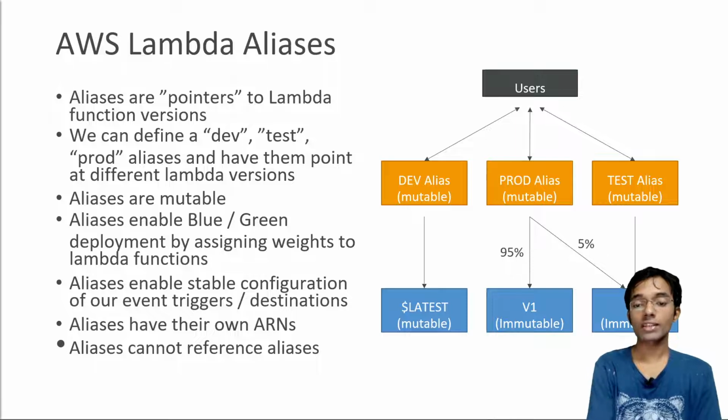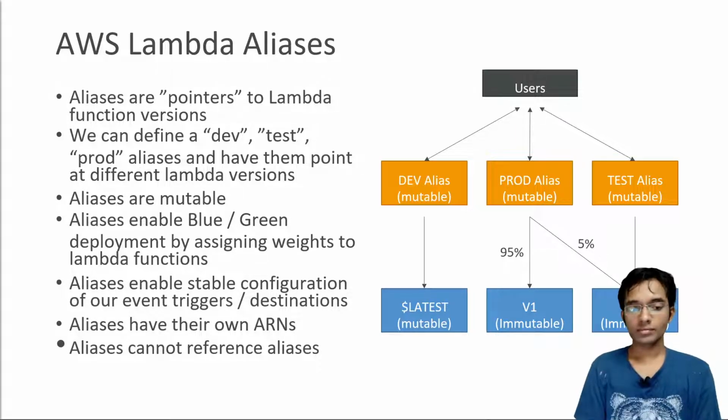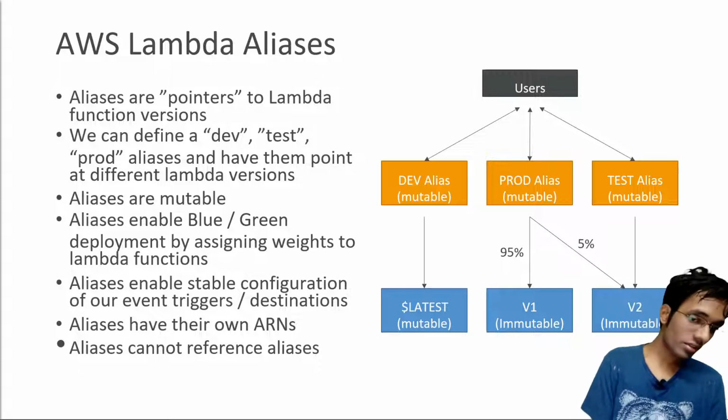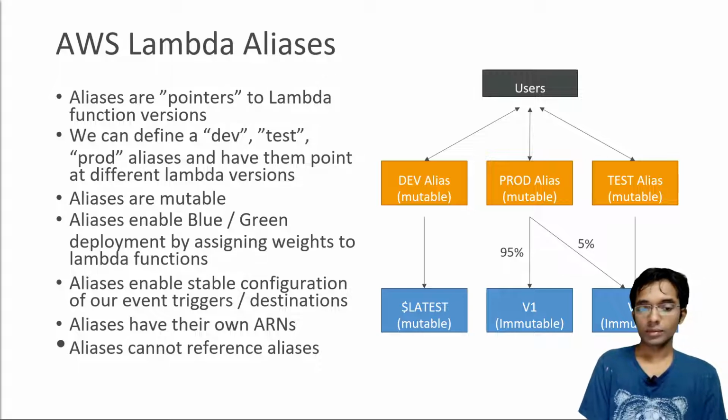So let's take an example. We have a $LATEST function here, and v1 and v2 from the previous example. v2 is immutable.